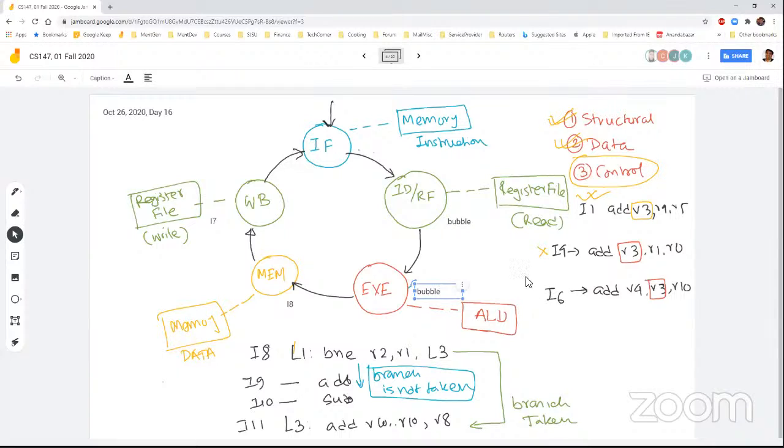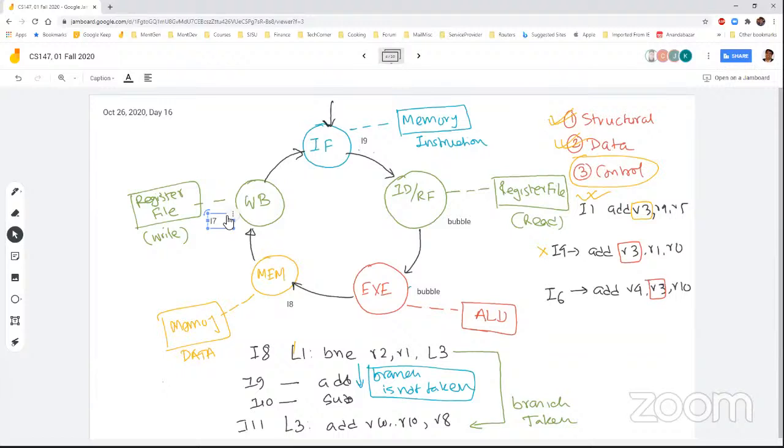So no action happens in these two. And your I9 is fetched. I9 is fetched. And now things go on as they were.